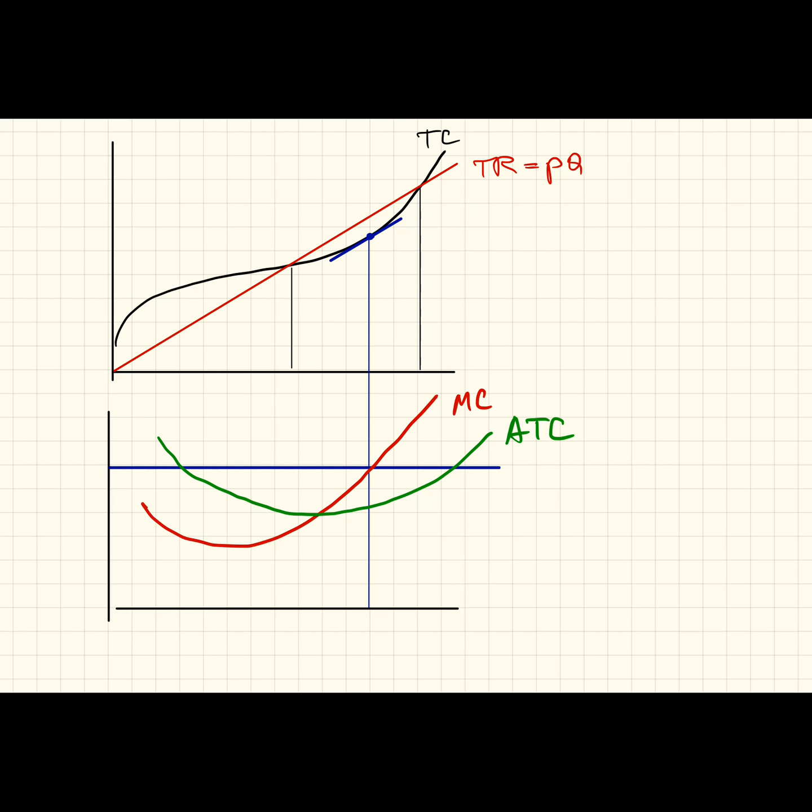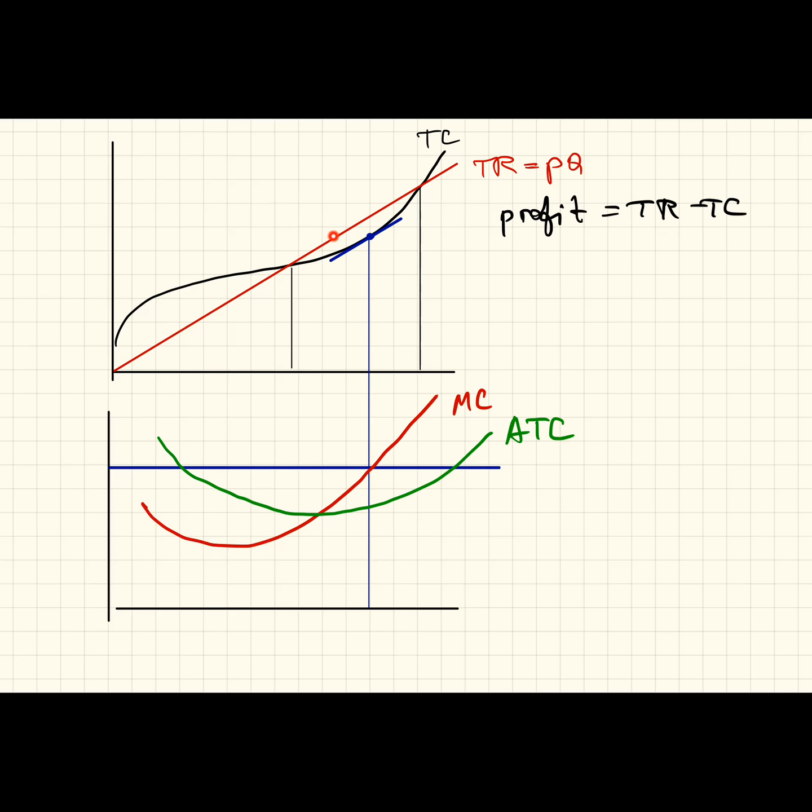So let's start with the one at the top. So on the top we have what? We have two curves. We basically have everything we need, right? Because profit, again, is what? Is total revenue minus total cost. So we see total cost, we see total revenue.